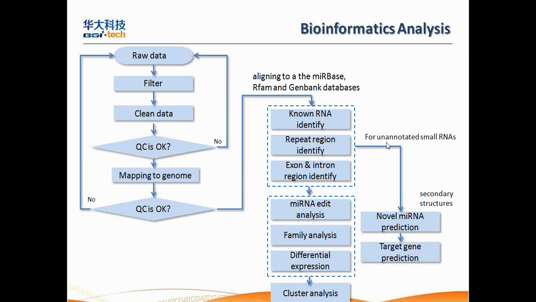For those small RNAs we cannot annotate using alignment to those databases, we will further investigate their secondary structure and try to detect some novel microRNA, and also use their similarity to other regions in the reference genome to try to detect their target genes.